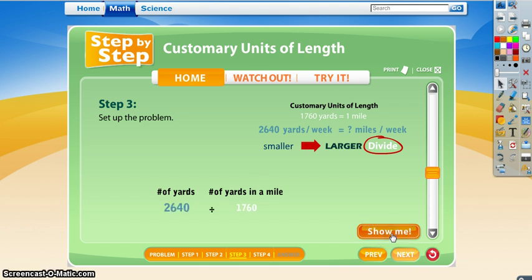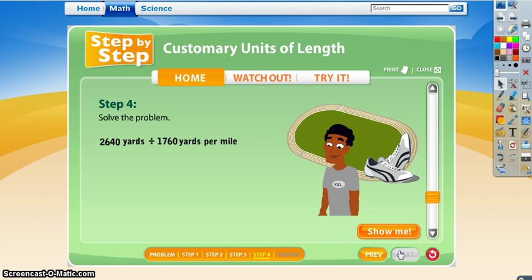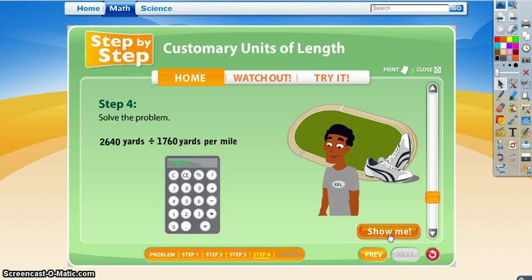Finally, solve the problem. They could have given us a smaller one, but they didn't. You would need a calculator for this. These are big numbers, so we'll use a calculator to divide 2,640 by 1,760.